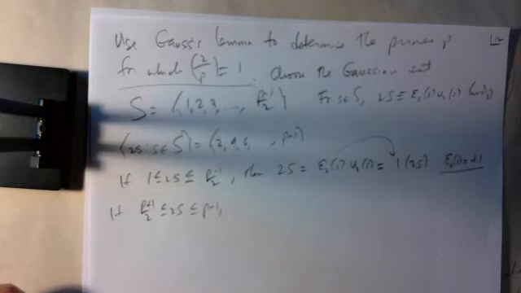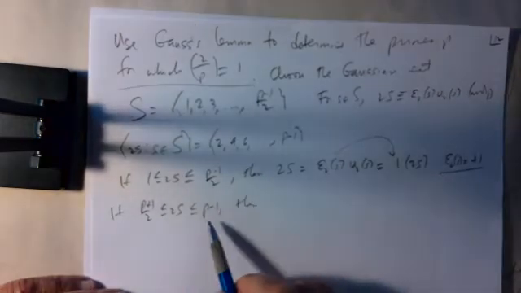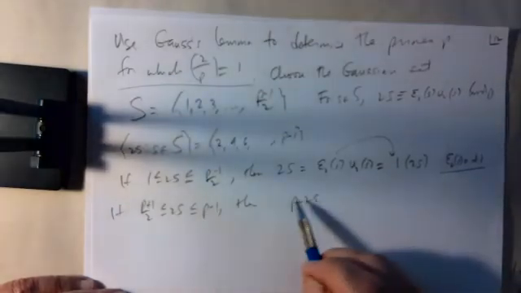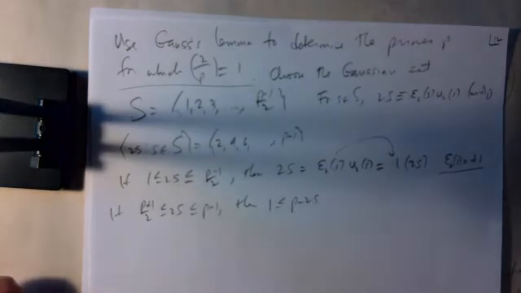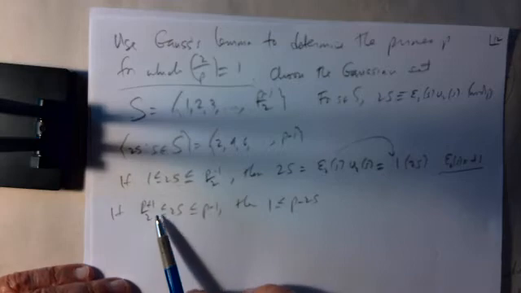Let's see, let me just do a little bit of arithmetic. p minus 2s is greater than or equal to 1.